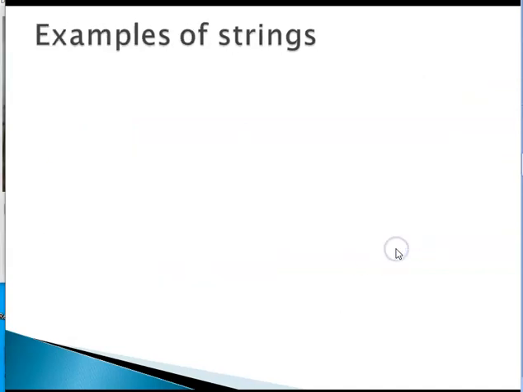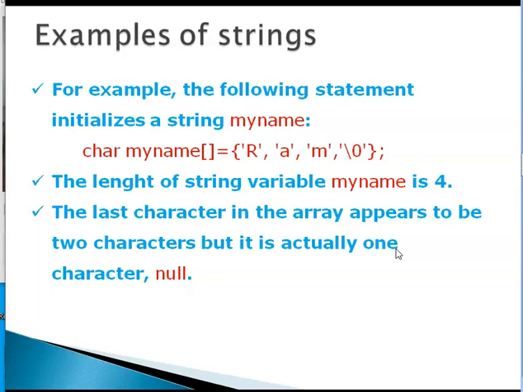We can define, for example, a string with the name my name as shown over here. We saw that a string is an array of characters. This R is a character, A is a character, M is a character, and \0, which is a null character.